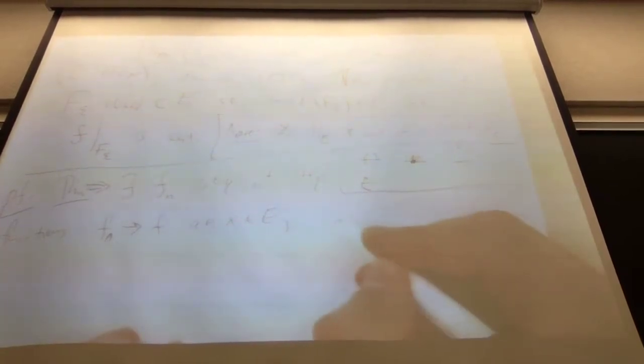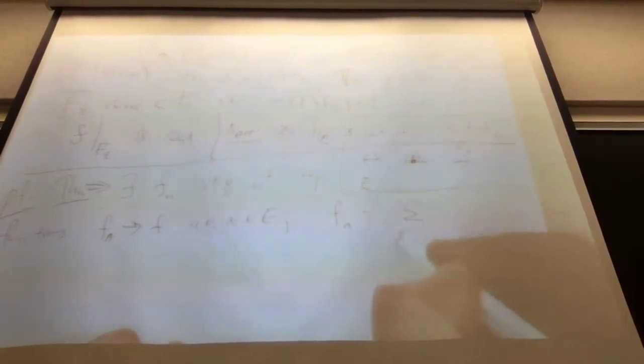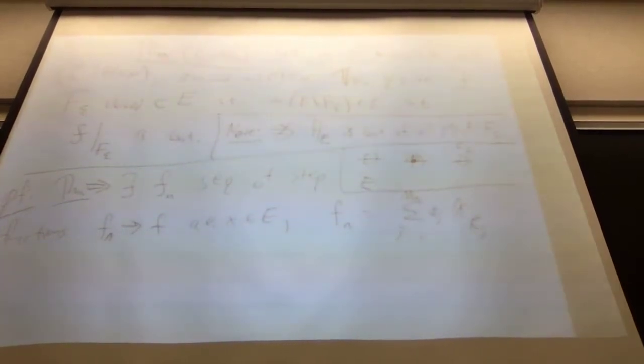Now, what do step functions look like? These are again finite linear combinations of rectangles. You have a bunch of rectangles, and they don't have to be disjoint. These are my R_j. Where are the discontinuities of the f_n? The discontinuities are all happening at any place where you have these endpoints.